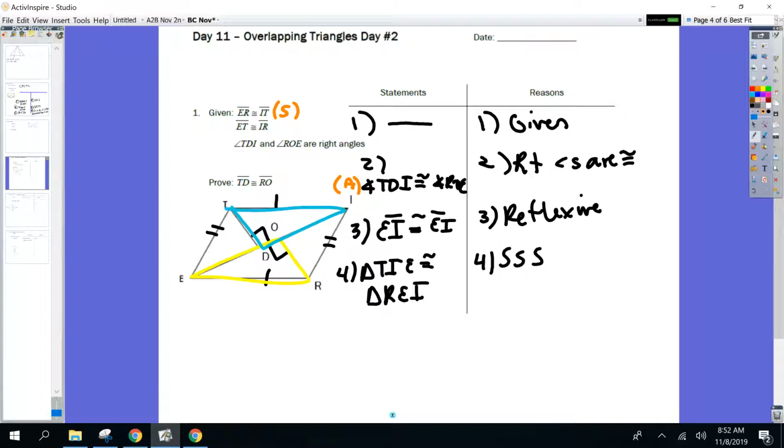Here's your job in your group. Find a full pair of angles or sides in these two we just proved congruent and in the two we were stuck on. Find a full pair of angles or sides they both share. They're there. Full pair of angles or sides that they share.